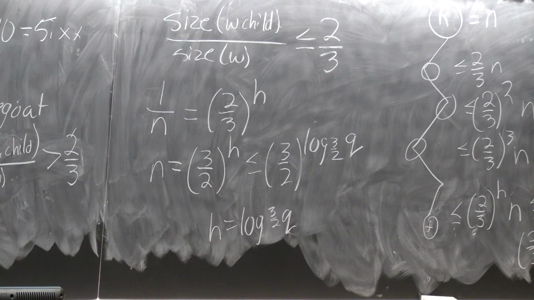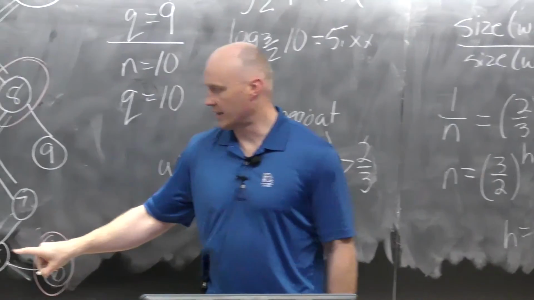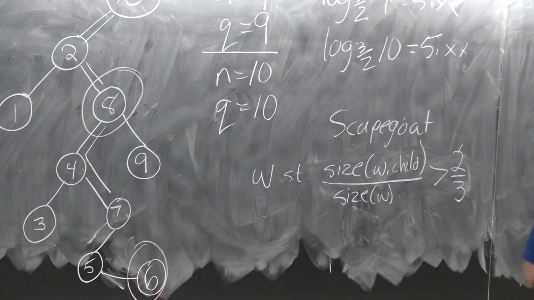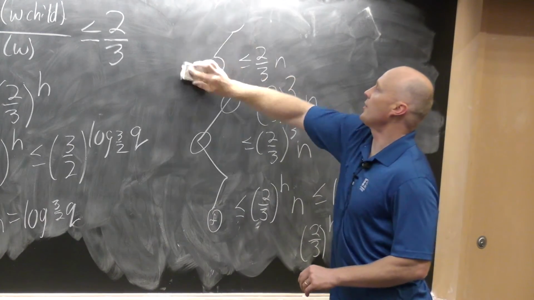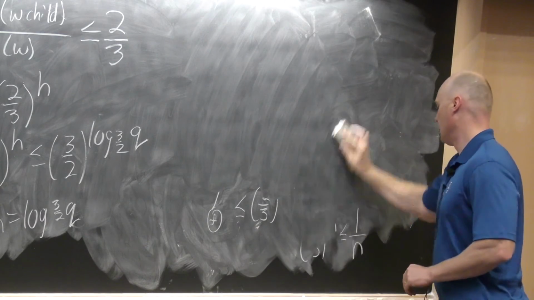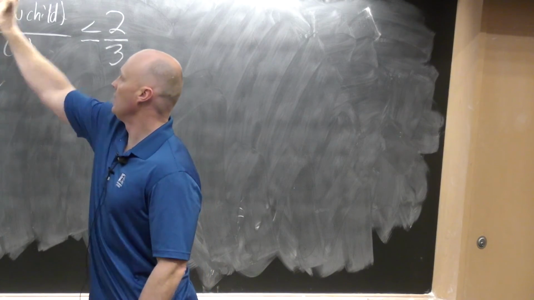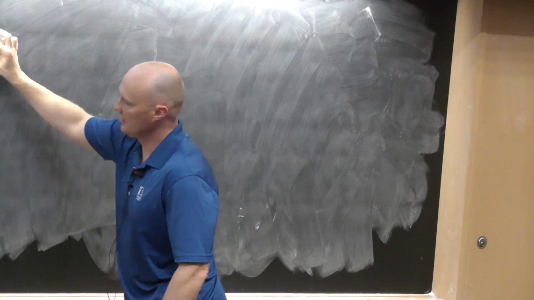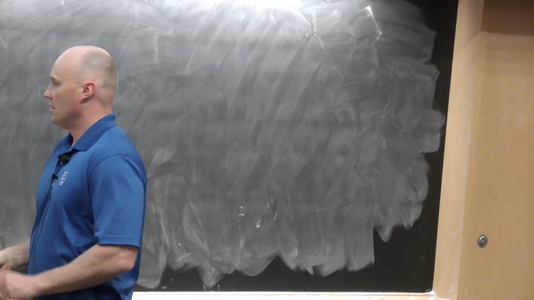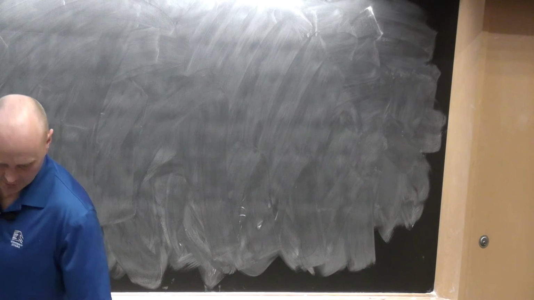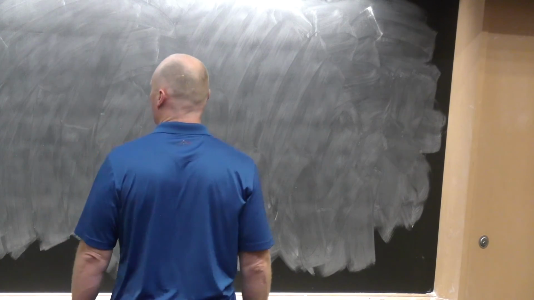And the other thing that we're doing is, as we're going up the scapegoat tree, we're calling size on all of these. So how much time does it take to do these size operations? To do the size, we call size on each one of these nodes all the way up to the scapegoat.